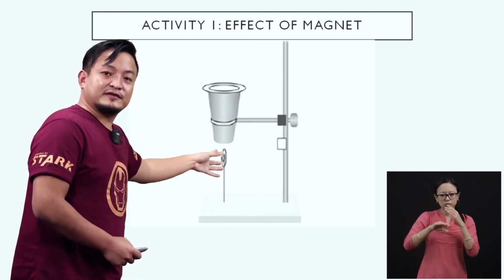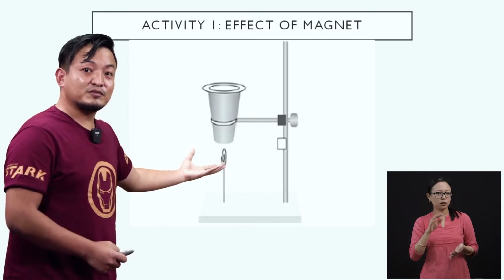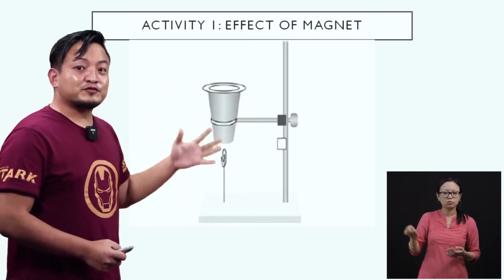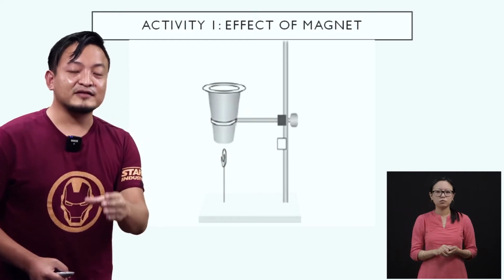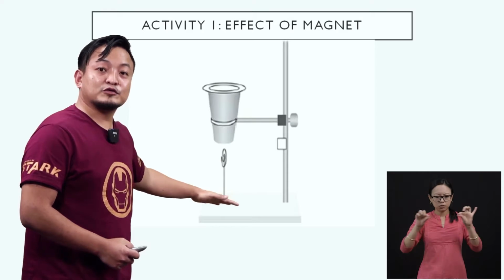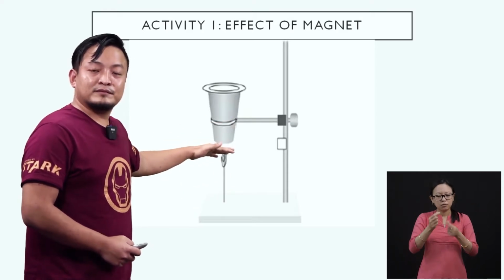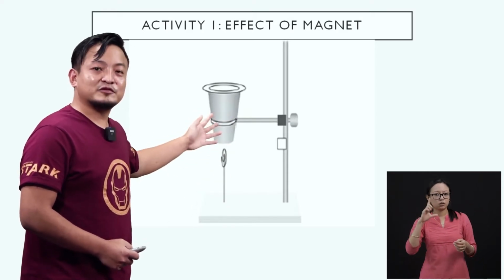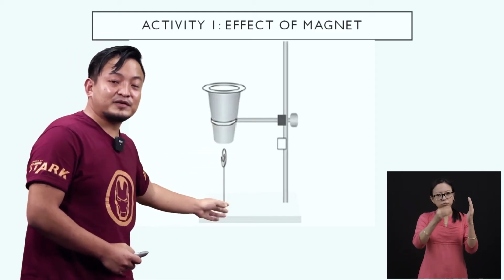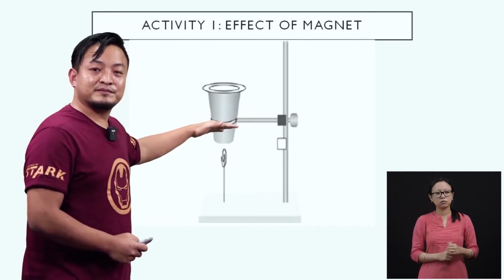The paper clip will get attracted to the magnet. So what we will see is the pin go up, just like the kite. We'll see the paper clip and thread rising up.